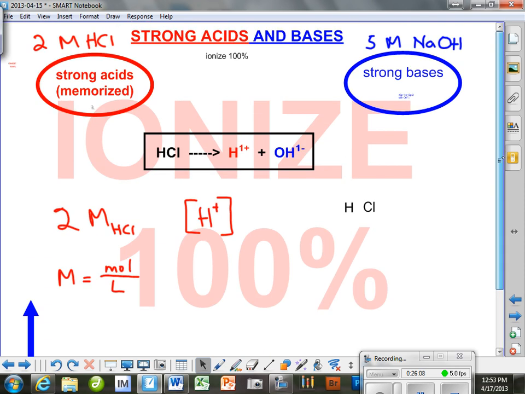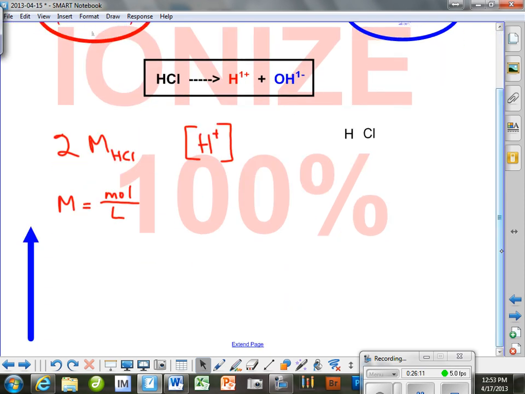Now, let's do another strong acid. Let's do the HClO3, or O4. Let's do the O4. It's a little stronger acid. So the HClO4.